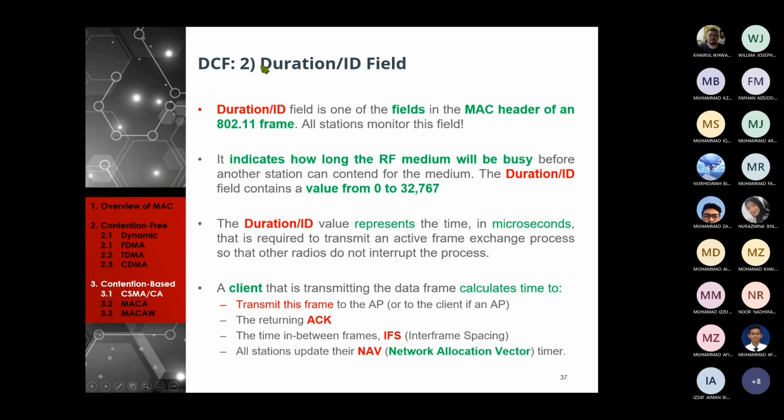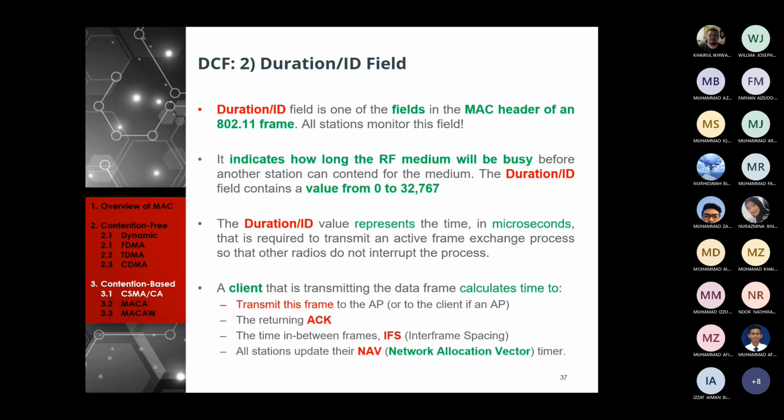Second one on DCF is duration ataupun ID field. Duration ID field is one of the fields in the MAC header of an 802.11 frame. All stations monitor this field. It indicates how long the RF medium will be busy before another station can contend for the medium.